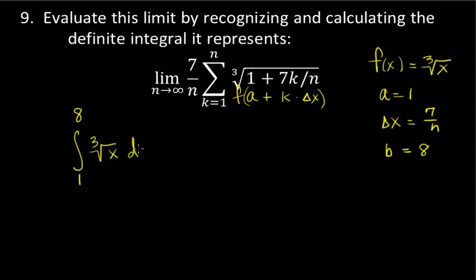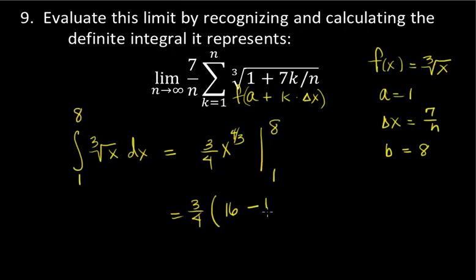dx. We wanted to evaluate the limit, so we need to integrate this. That's x to the 1/3, so using the power rule we have 3/4 x to the 4/3 evaluated between 8 and 1. 3/4 then times the cube root of 8 is 2, 2 to the 4th is 16, minus 1 to any power is 1, so we have 45 over 4.